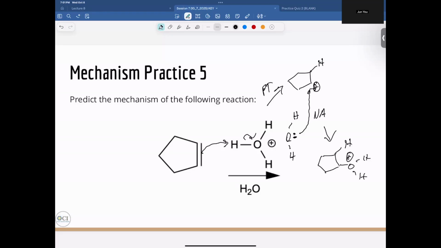this. And then we see that we have a positive charge on this oxygen. It would be better if we didn't have that. So we have this H2O right here. The H2O can do a proton transfer on there to form this.